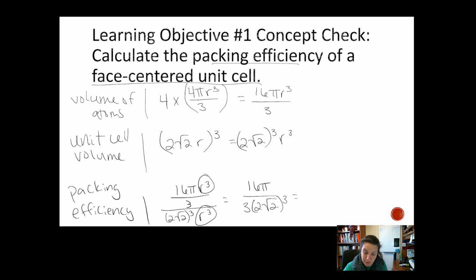If we divide all of this out, we get a packing efficiency of 0.74 or 74%. As I said, that'll be the same for all face-centered cubic cells. We can do the same for body-centered and primitive as well.